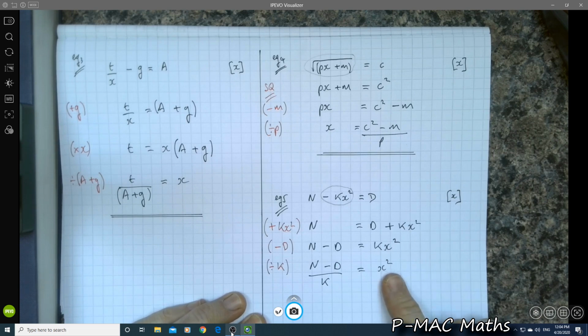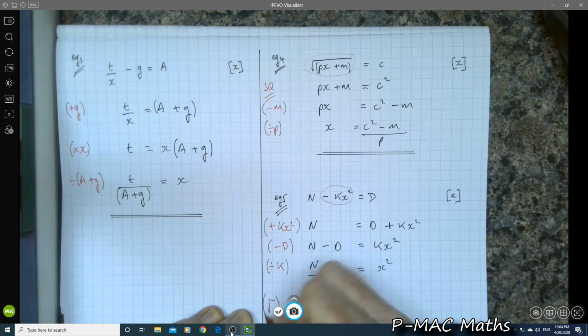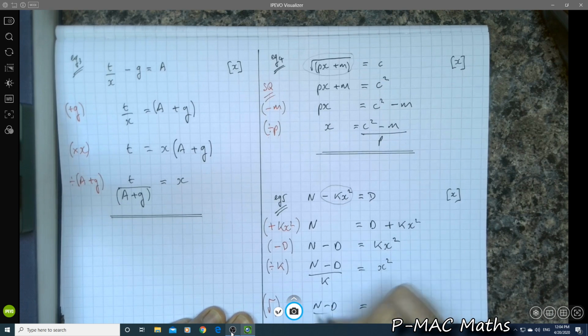To get x on its own, I have to undo the operation that's currently happening, and x is being squared. The inverse operation of x squared is the square root of x. So we're going to take the square root of both sides. Square root of x squared is just x, and then left-hand side, n minus d over k. We're simply going to put a big square root sign over the whole thing.